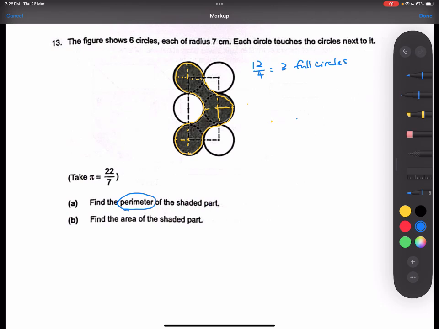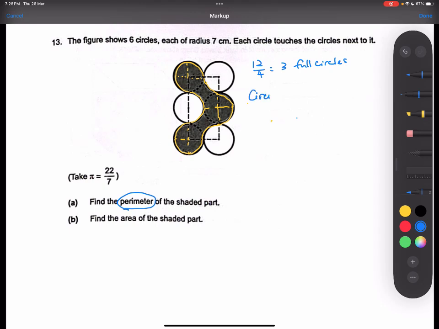Now, how do we find the circumference of each circle? Circumference equals pi d, and d is 7 times 2, equals 14. So 14 pi is the circumference of each circle.